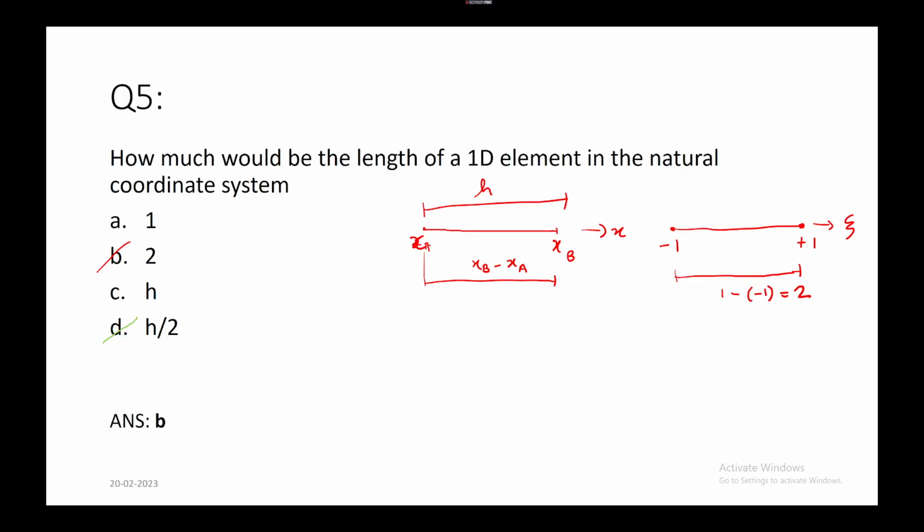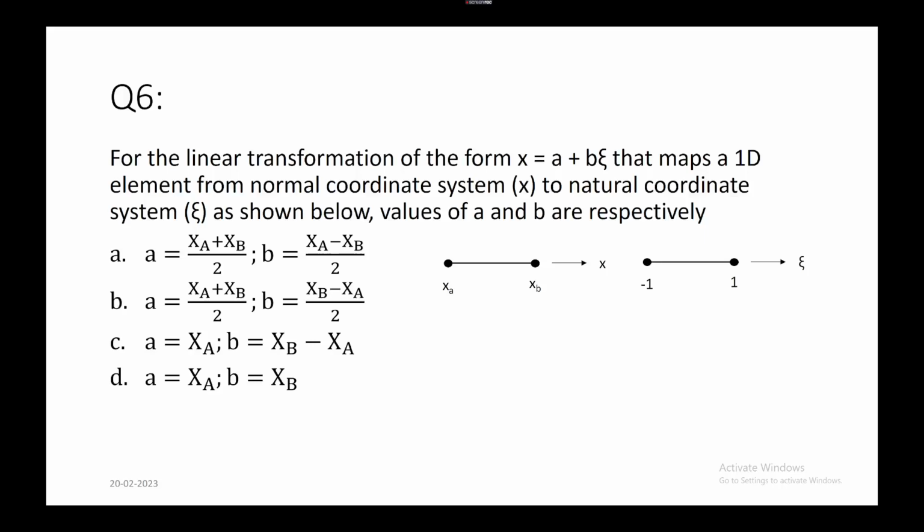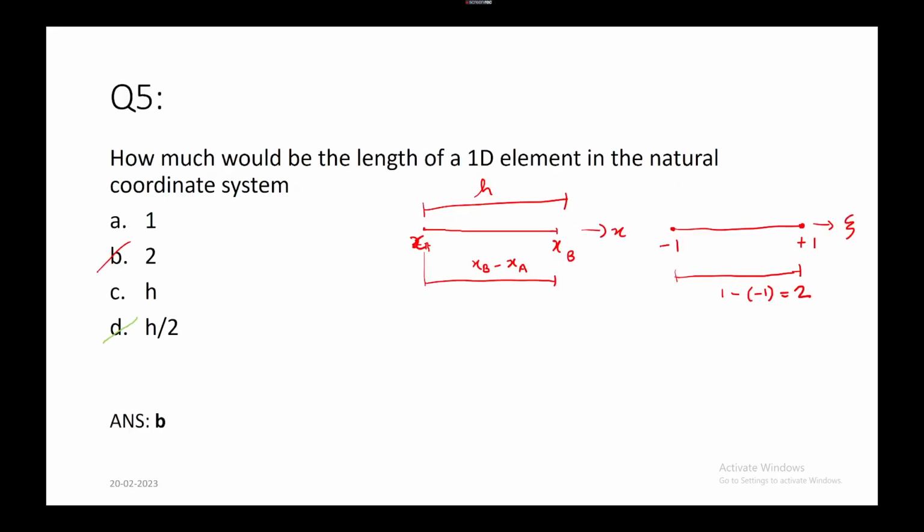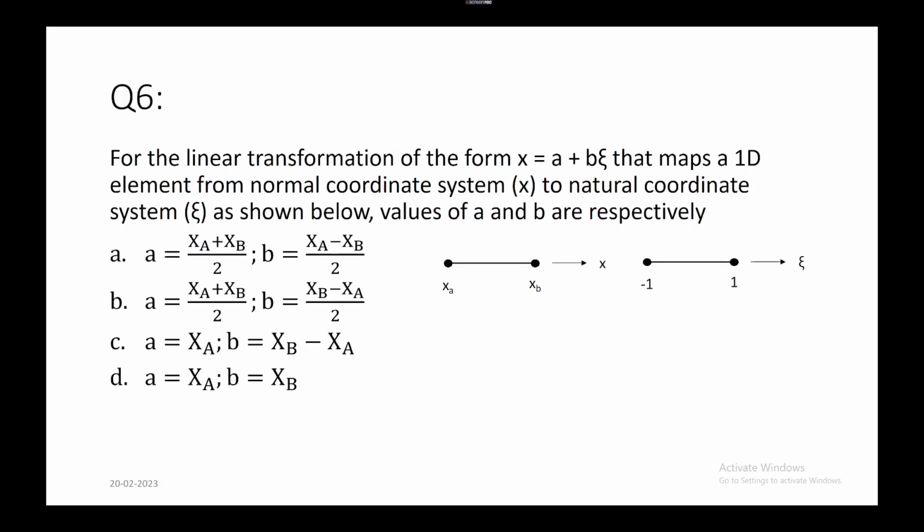Okay. So this is the fifth question, and we'll go to the next question. For the linear transformation of the form x is equal to a plus b times eta, that maps a 1D element from the normal coordinate system to the natural coordinate system as shown below. What I have drawn here is also being shown here.